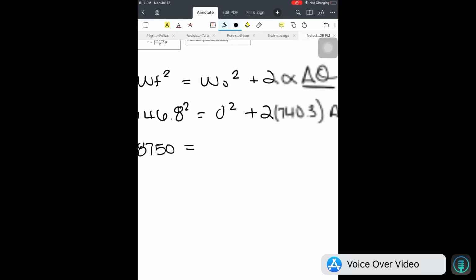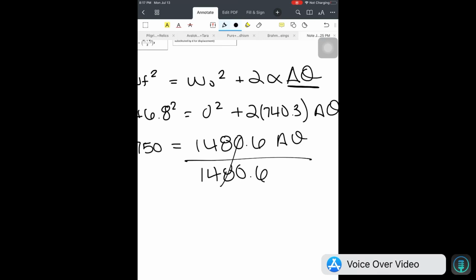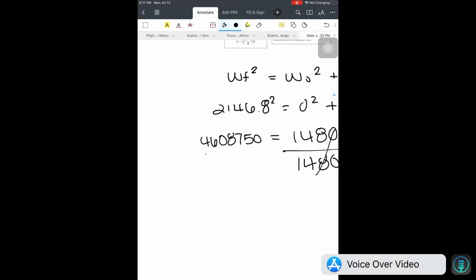Okay, we got that number for the left side. We got 1480.6. We're going to divide that from both sides, and we get an answer of 3,112.8 radians.